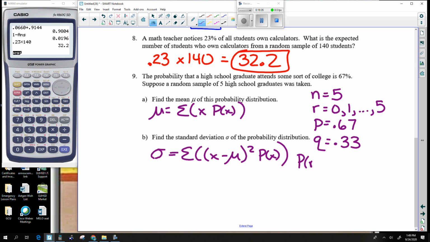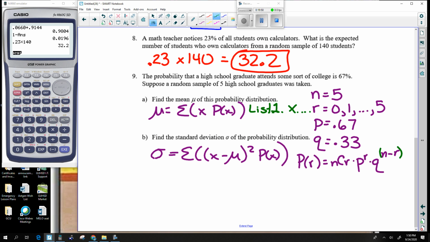And the probability of one of these things is NCR, P to the R, Q to the N minus R. All right, so again, think of R as the letter X, and that will be list 1.